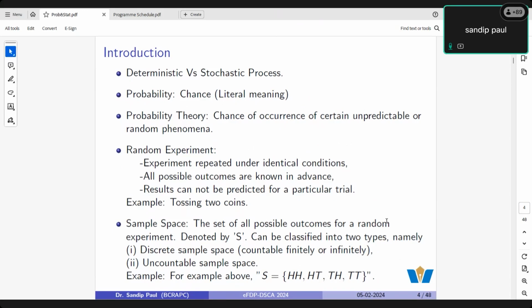It is given in some range. So suppose the arriving time of a bus at some bus stand, so it can be within 10 or 15 minutes. It can arrive at any particular time within that 15 minutes. So in that case, we'll say they are uncountable, or we can say they are continuous sample spaces.